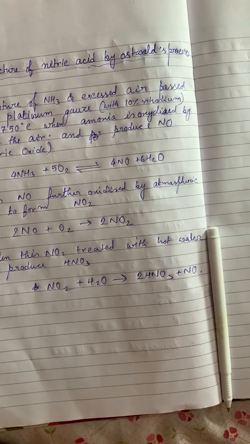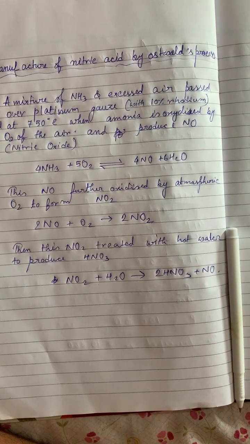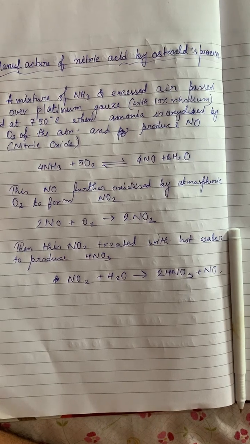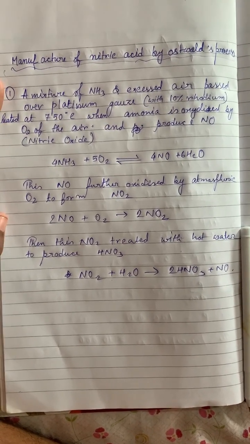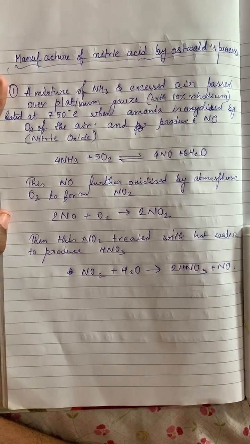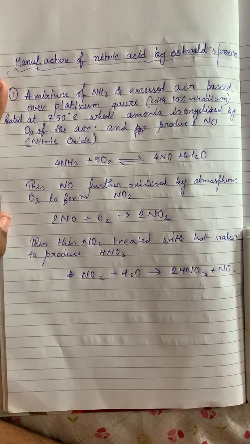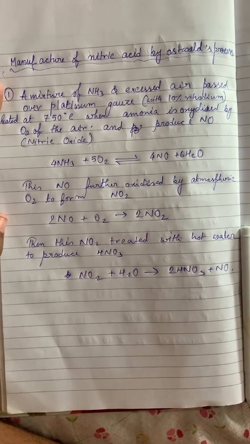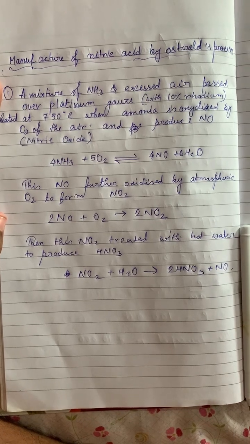So 4NH3 plus 5O2 gives 4NO plus 6H2O. This NO is again oxidized by atmospheric oxygen to form nitrogen dioxide, which is NO2. So 2NO plus O2 is equal to 2NO2.